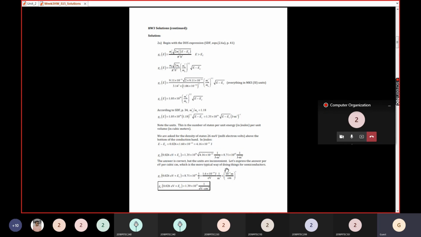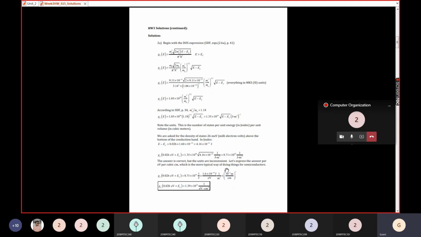Okay. First, let us begin with the particular equation represented by the formula. When E is greater than EC, you will have mn into square root of 2mn into (E minus EC) divided by pi square into h cube.